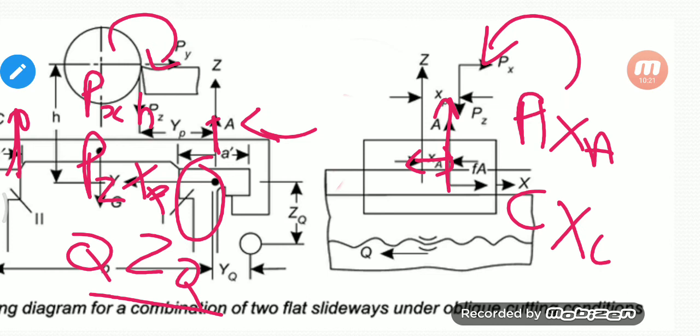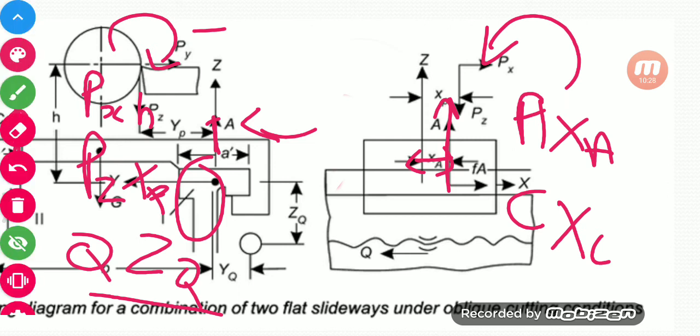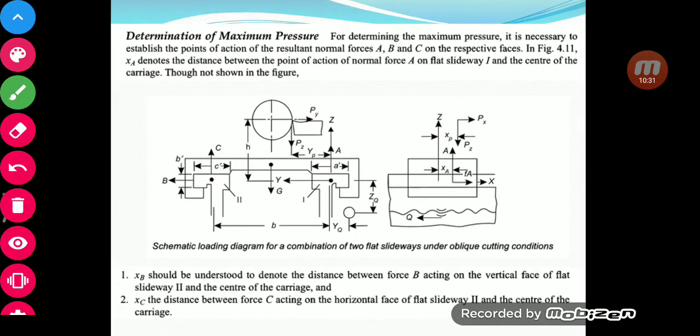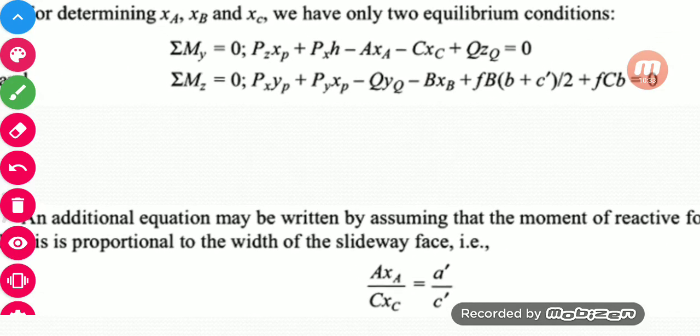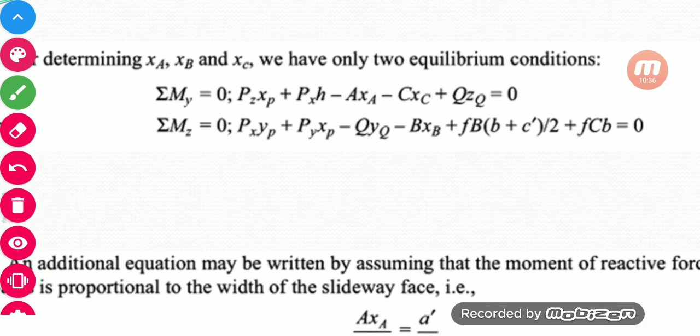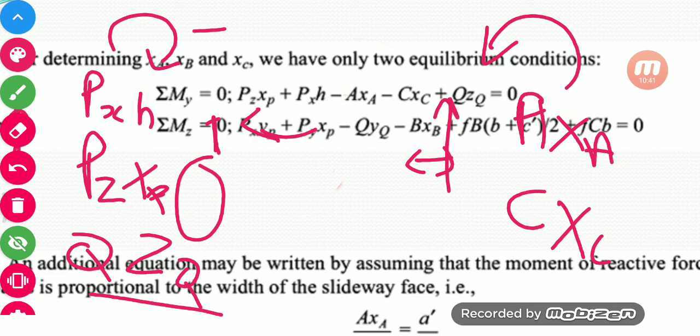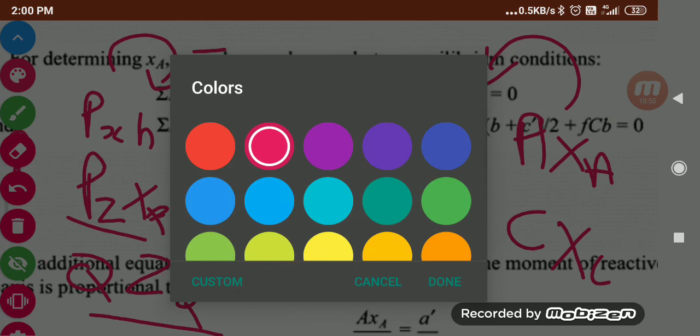If the clockwise and anti-clockwise moments are added, then you can see the total equation, and that can be seen right here. Here they have assumed that clockwise moments are positive and anti-clockwise moments are negative. You have the first one, the pz xp component, which we have covered here. Then we have px into h. Let me use a different color here.